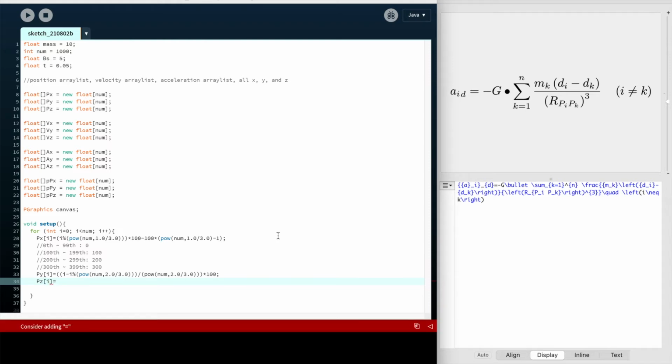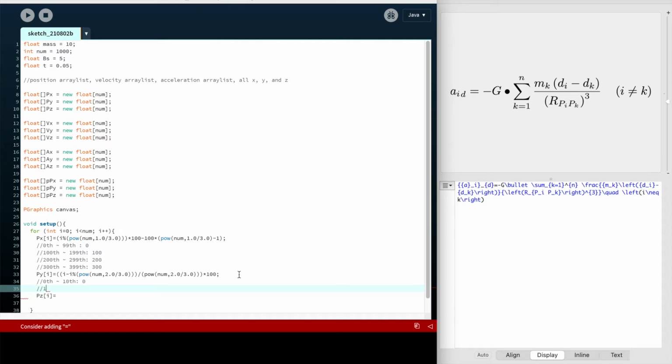Now pz of I has to contain values that are, in the z dimension, we're going to have the zeroth object to the 9th object are going to have 0.